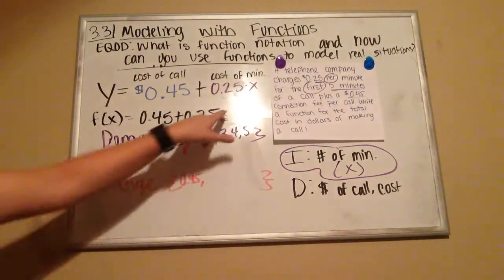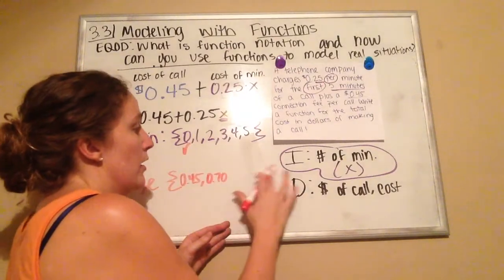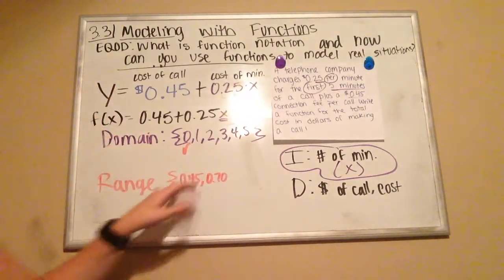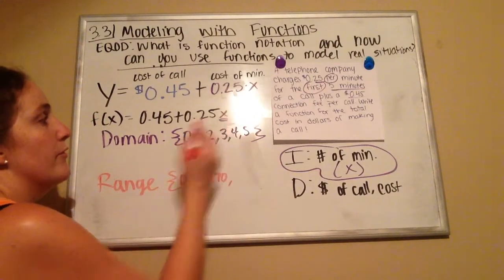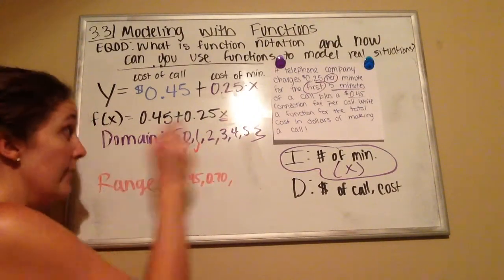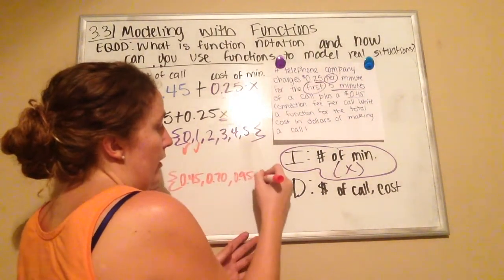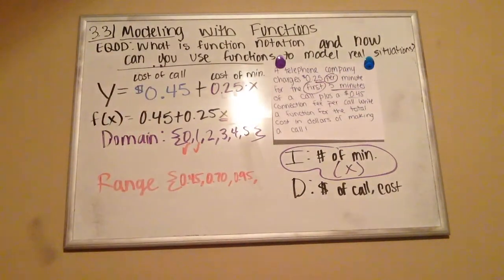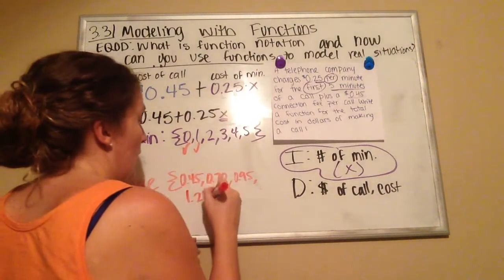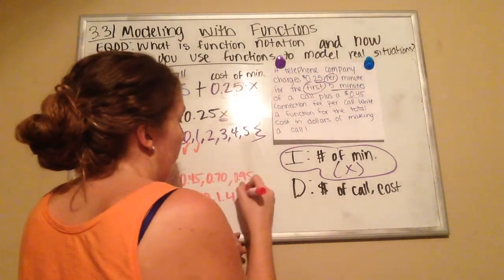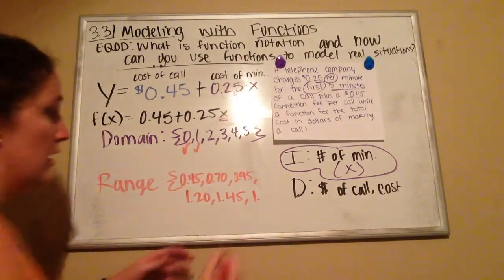If we plug 1 in for x, it would be a 70-cent phone call. You can certainly check my math. If you plug 2 in for x, 0.25 times 2 is 0.5, and 0.5 plus 0.45 is 0.95. And so on. And the rest of the ones that we get are 1.20, 1.45, and 1.70.